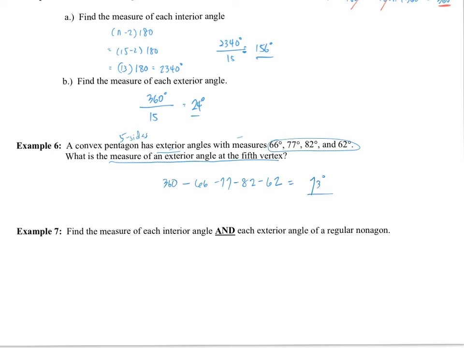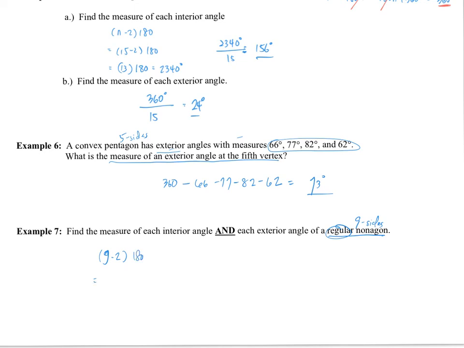Example 7. Find the measure of each interior angle and exterior angle of a regular nonagon. So the regular nonagon would have 9 sides. Since it's regular, then every angle should have the same measure. So again, by the 8.1 formula, we have to do 9 minus 2 times 180 degrees.